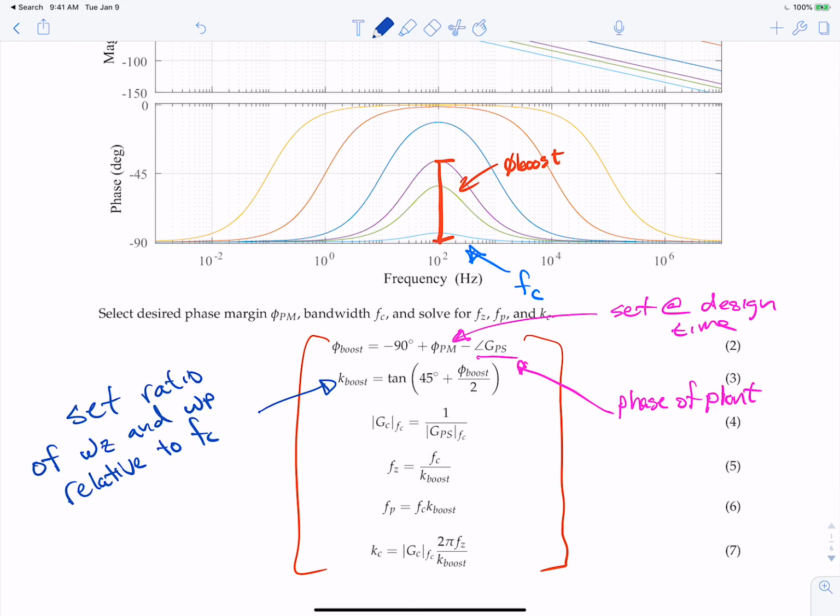So equation 4 here. This essentially is how much gain I need from my controller in order to push the open loop transfer function to pass through a gain of 1 at the desired crossover frequency.